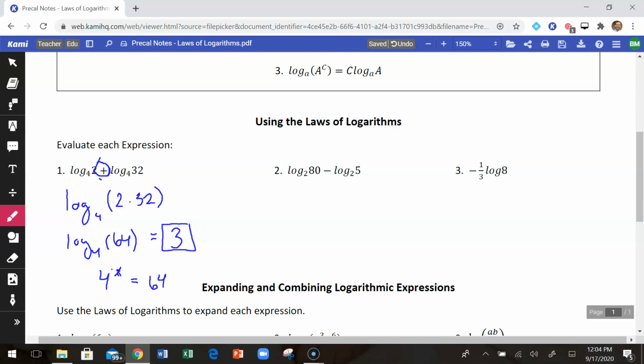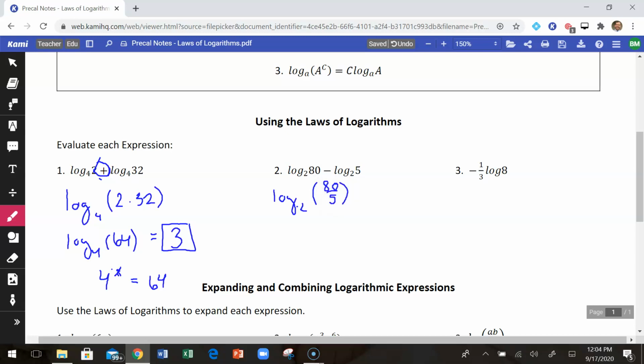Second one, log base 2 of 80 minus log base 2 of 5. So this time it's subtraction. So we can combine this to a single log by dividing those things on the inside.